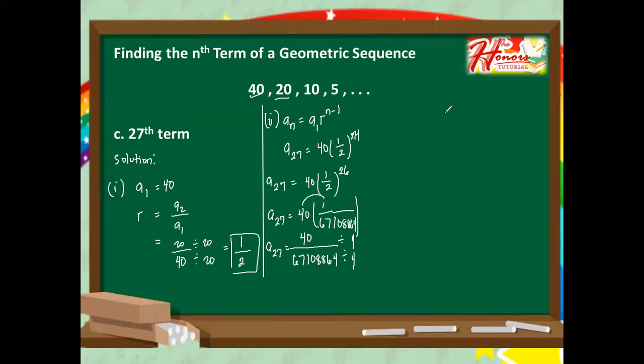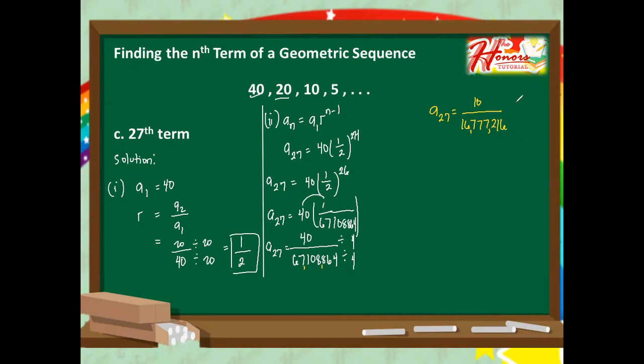Then let's continue. So we have here a sub 27 is equal to 40 divided by 4, that's 10, over 67,108,864 divided by 4 is 16,777,216.